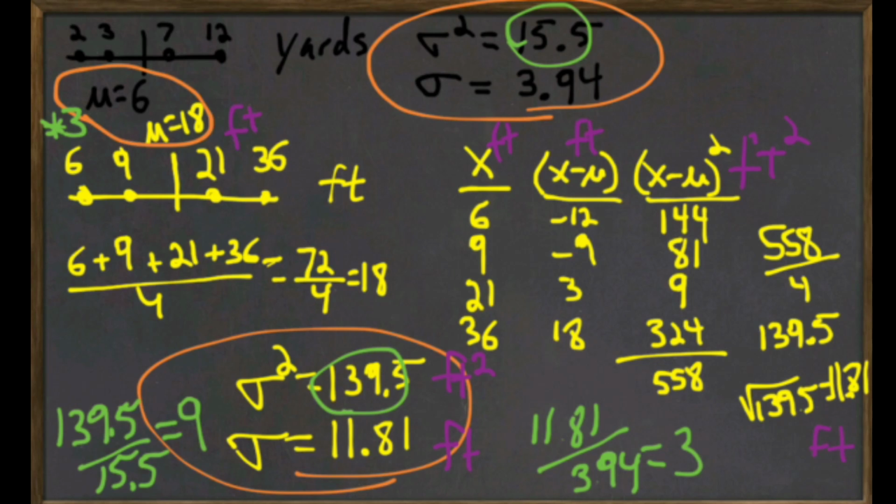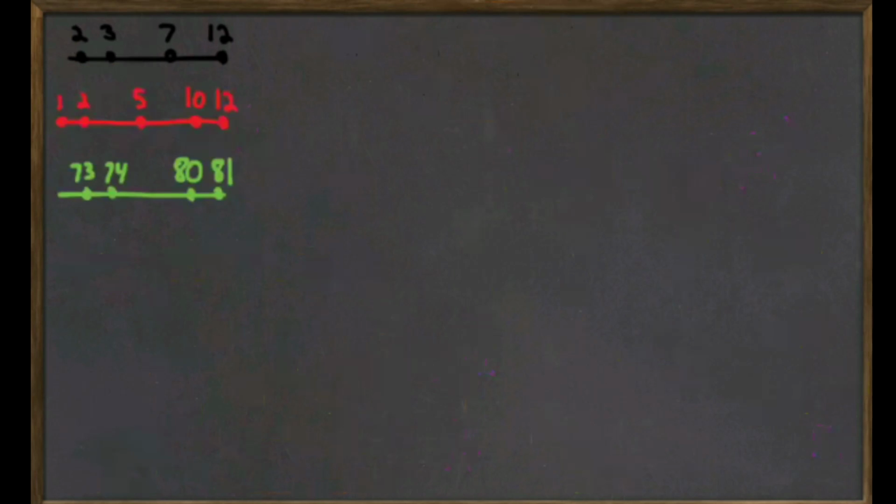In addition, as you learn in chapter 3, the empirical rule comes into play here, where if we know some other things about the variable, specifically if we know it's a normal variable or normal distribution, a bell-shaped curve, we learn extra information if we have the mean and the standard deviation.